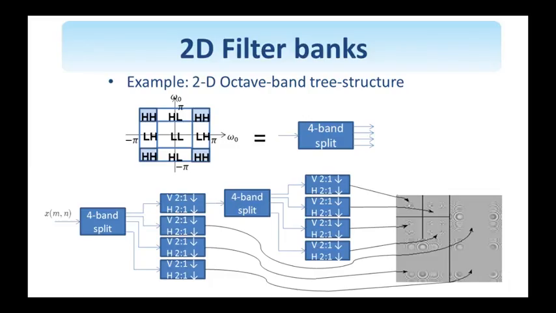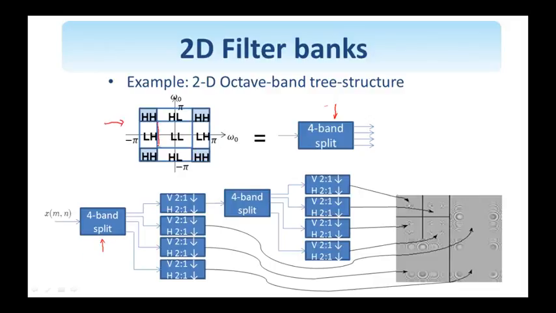Here's the picture of subband decomposition in 2 dimensions. If I have a filter that can break the frequency spectrum of a signal into 4 bands, so it's a 4-band split decomposition here, then I can use that in a cascade to obtain as many bands as needed. So in this particular example here, you have a 4-band split, and this is the 4-band split.